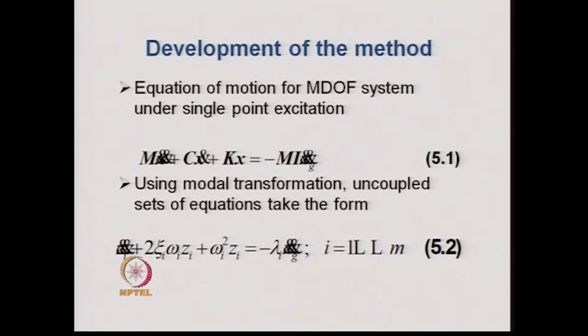Now, how each one of these modal equations is derived using normal mode theory is known to all of you. The z I is the ith generalized coordinate for the ith mode, lambda I is the mode participation factor for the ith mode, and omega I is the natural frequency for the ith mode.